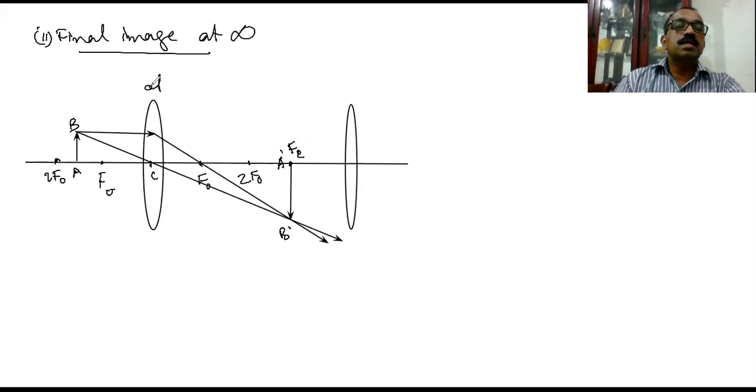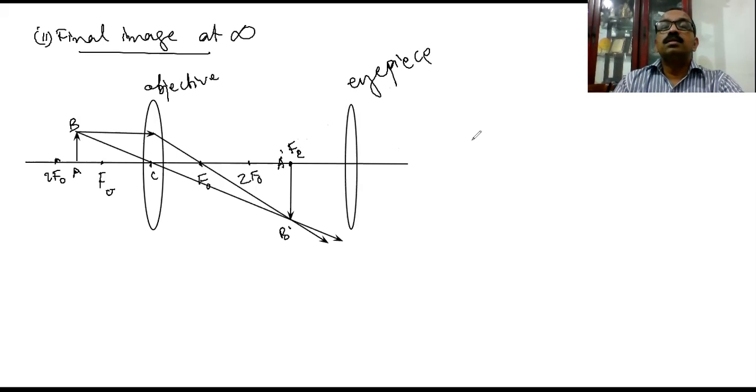Look, this lens is the objective lens and this is the eyepiece. You draw a ray parallel to this. By the way, you have to mark focus on the other side also. Focus of eyepiece.